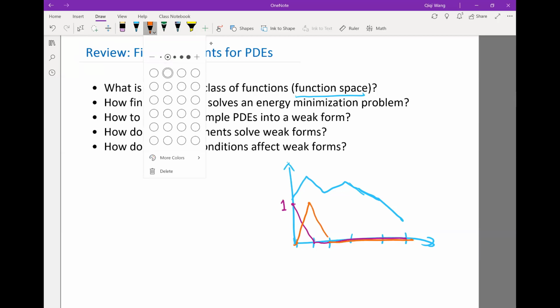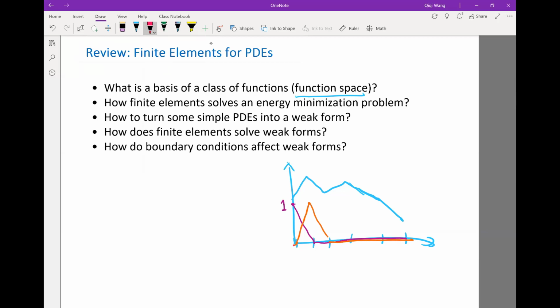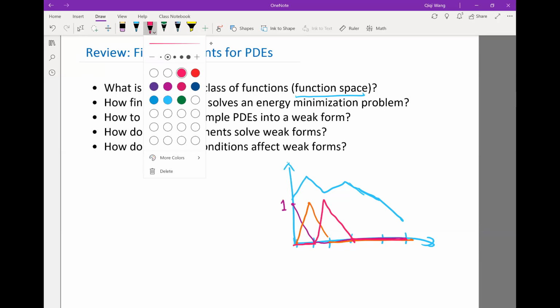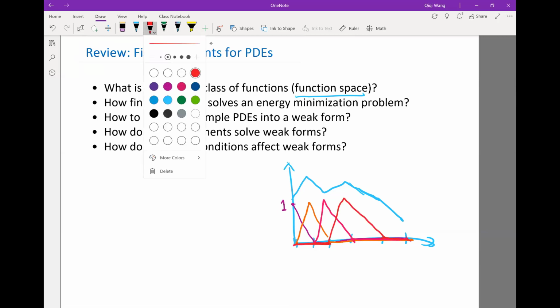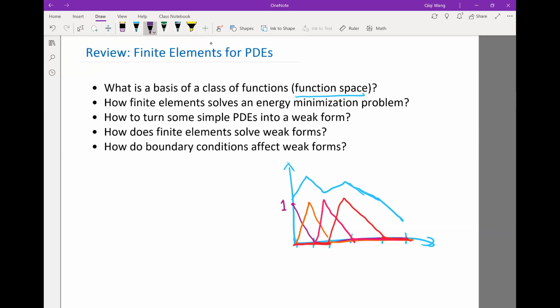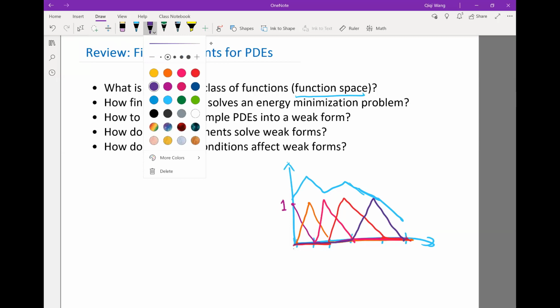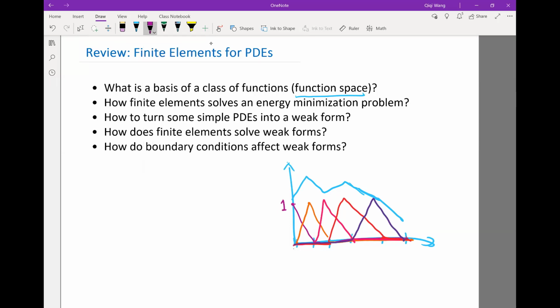This is the set of functions we use to perform linear combinations to get any function we want in that space. So instead of solving for a function, we can solve for the unknown coefficients multiplied on these basis functions. That converts a problem where the function is an unknown into a problem where a set of numbers are the unknown. That's why the basis is useful.